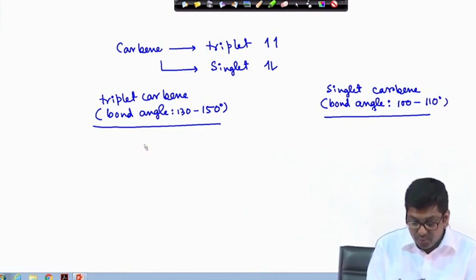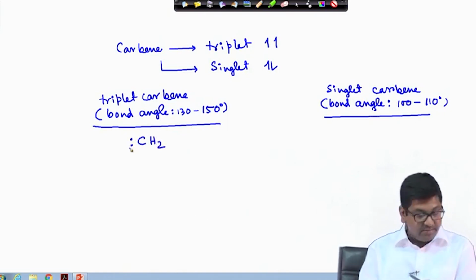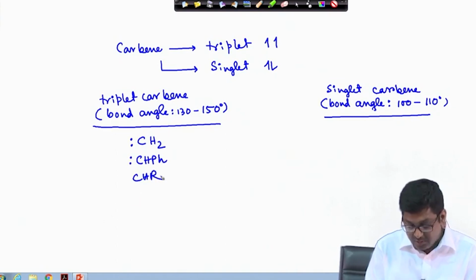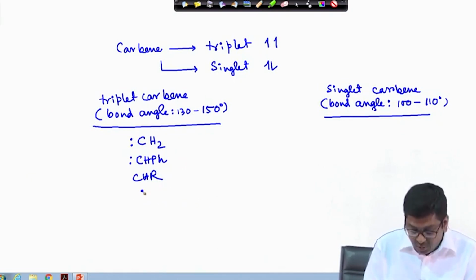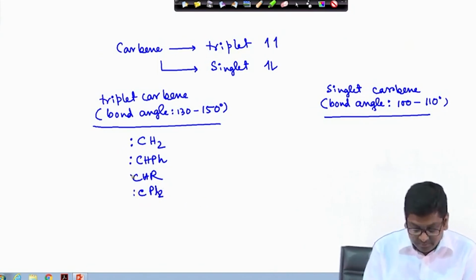However, here we will now see the examples. In general, the triplet carbenes are CH2 carbenes, then CHPh or CHR where R are alkyl groups, or diphenyl carbenes.